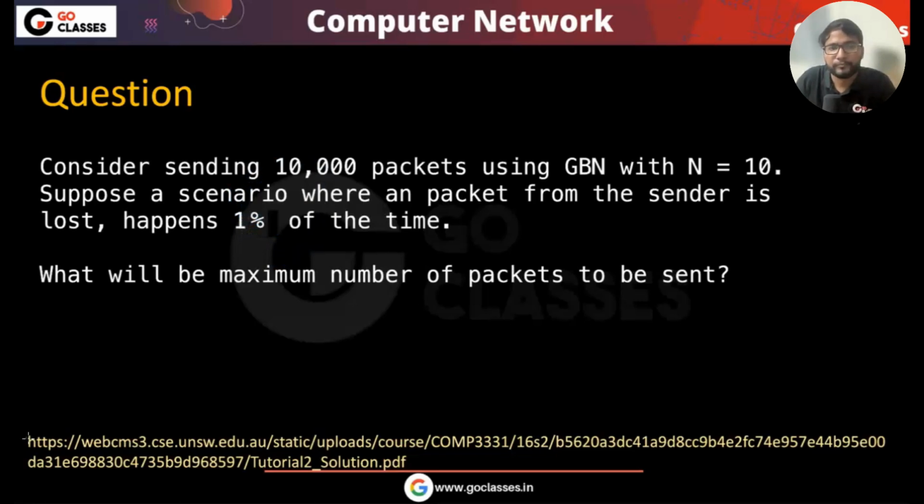Okay. So if these are 10,000 packets and 1% of those packets, sorry, I'm assuming it is 1%, let's just consider this is a typo. So if 1% of the packets are being lost, can you tell me how many total packets are being lost?